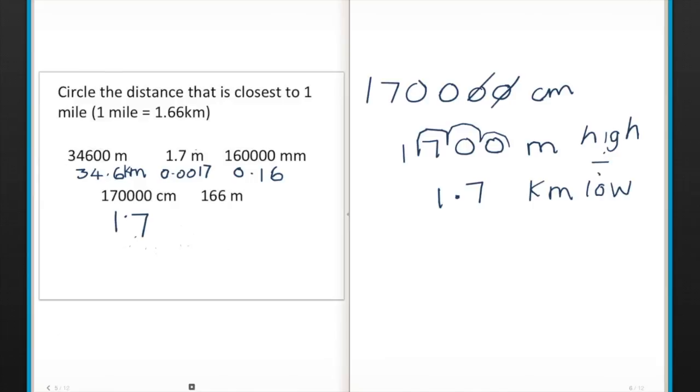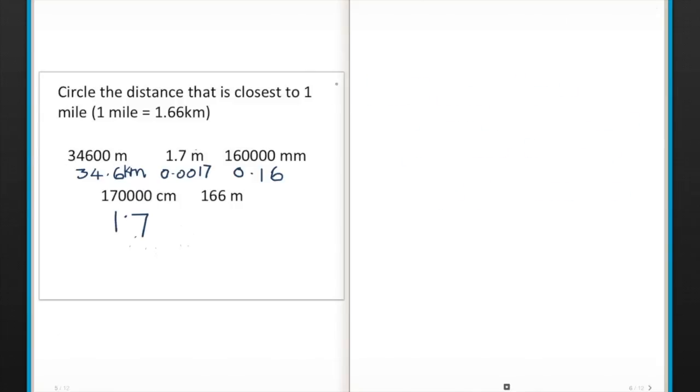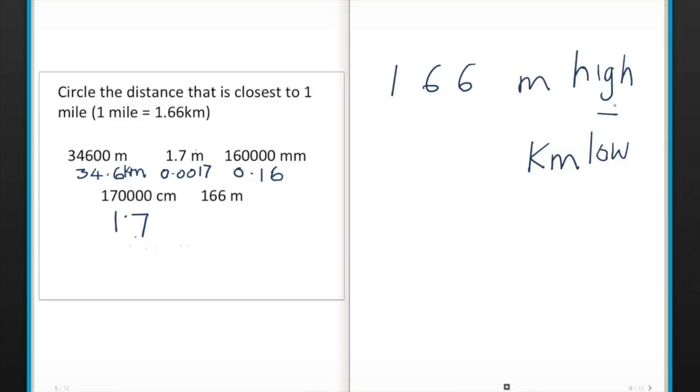Last one, 166 metres. So just clear this. 166 metres. I want to go to kilometres. High voice, low voice, because it's the bigger thing. To get from high to low, we're going to divide.